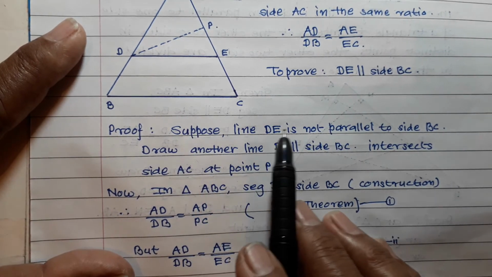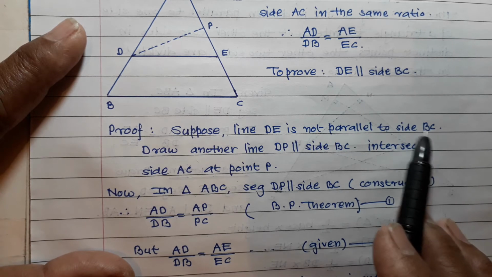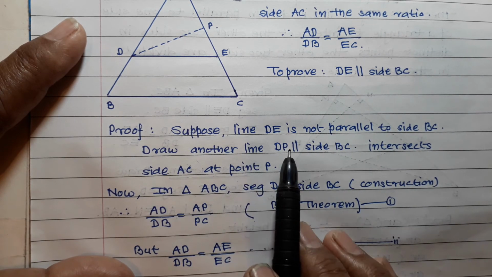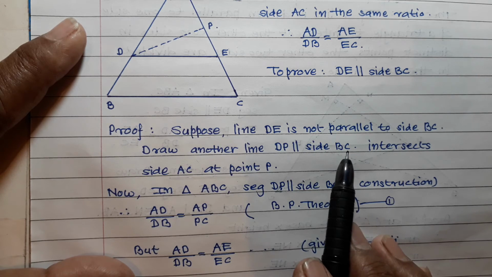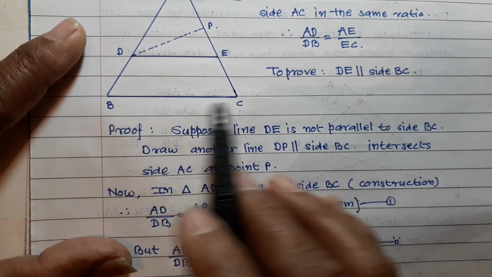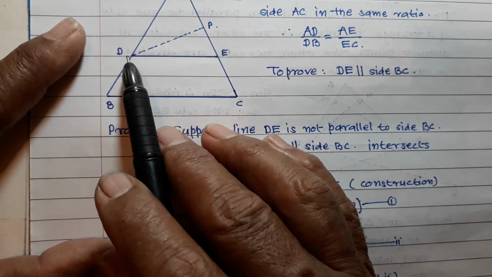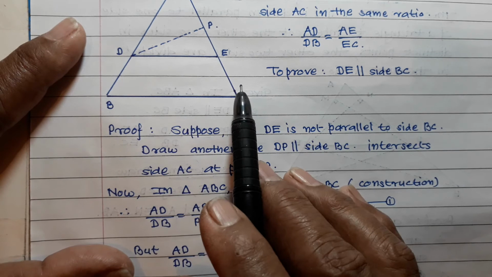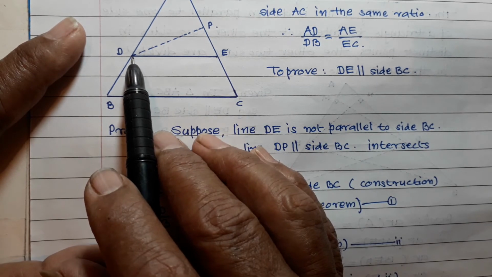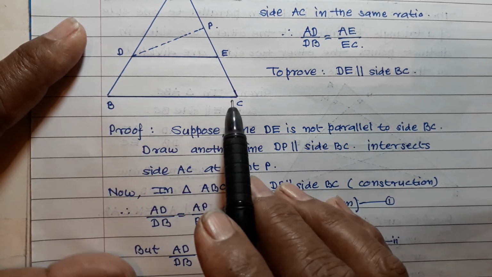Proof: suppose line DE is not parallel to side BC, draw another line DP parallel to side BC. Suppose this line is not parallel to BC, then you can draw a line which is parallel to BC from this point. Suppose this DP is parallel to BC.